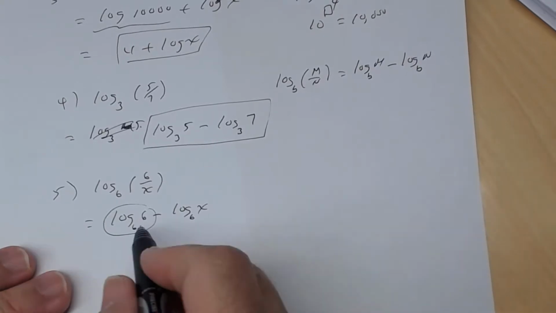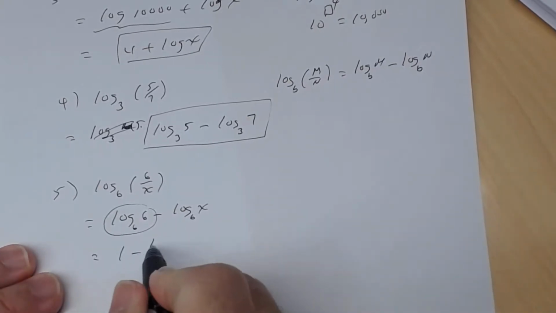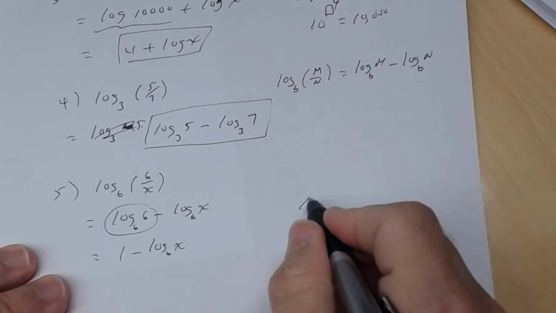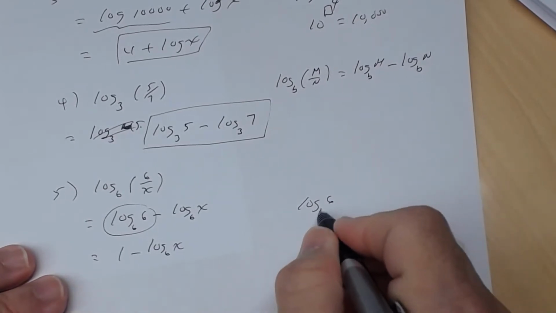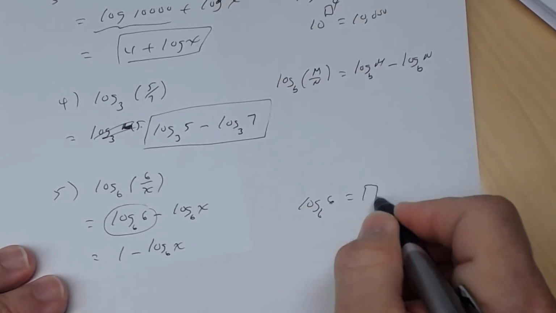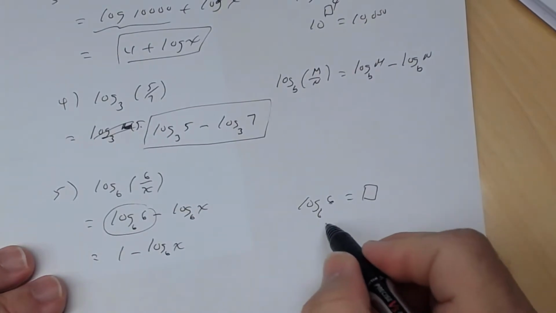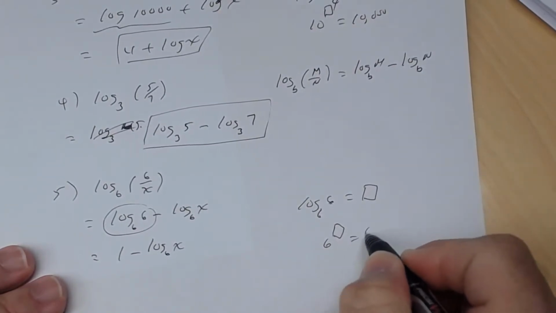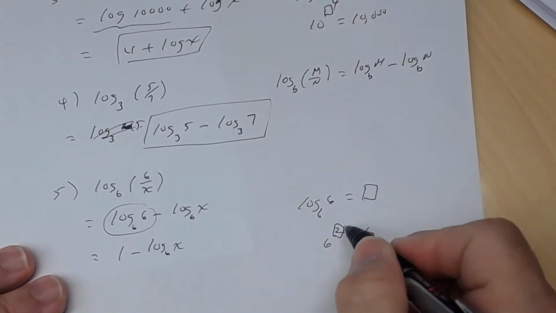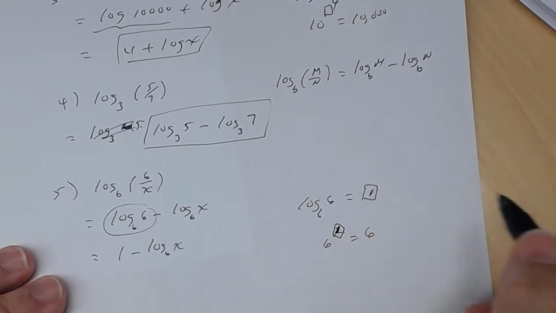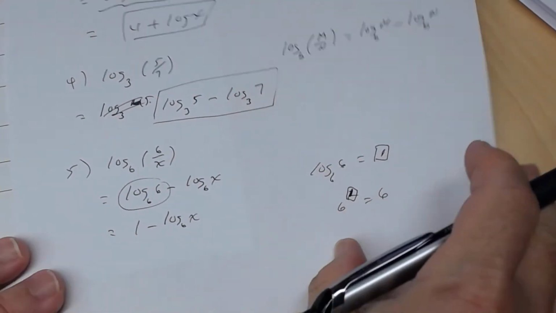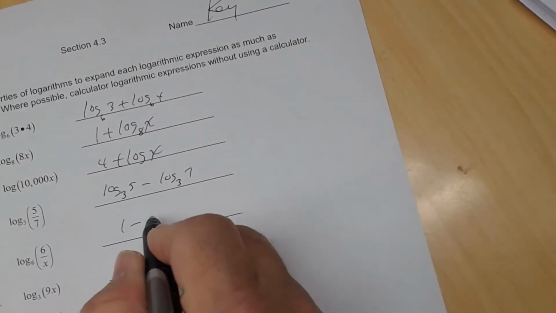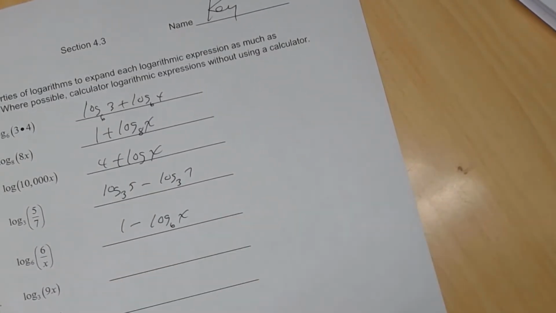Well, the answer is 1. So this becomes 1, so that's 1 minus log base 6 of x. Remember, log base 6 of 6 is equal to some exponent. Well, 6 to the first is 6, so that's 1. So that's going to be 1 minus log base 6 of x.